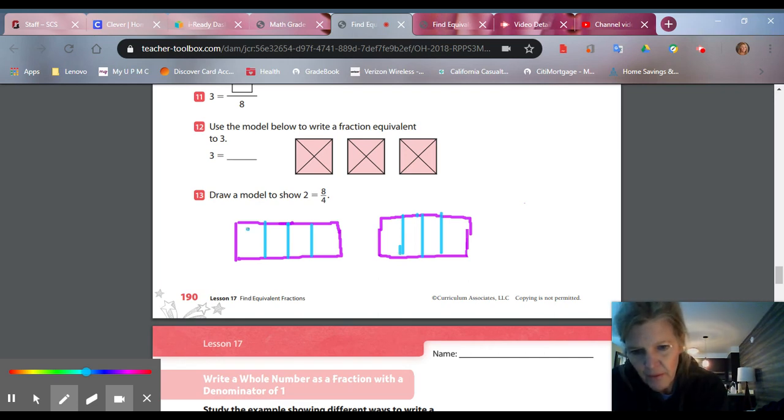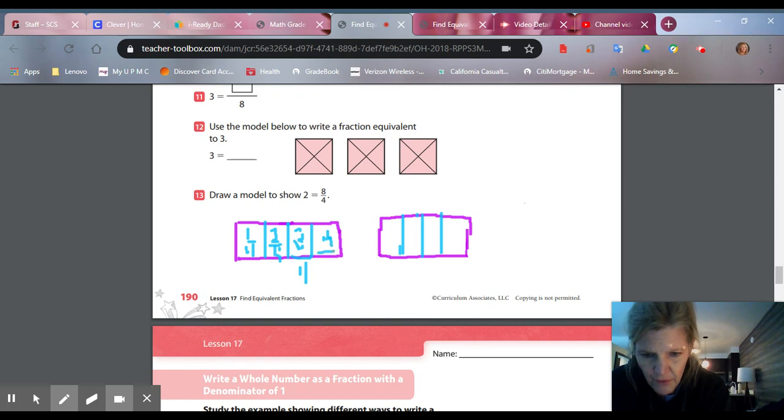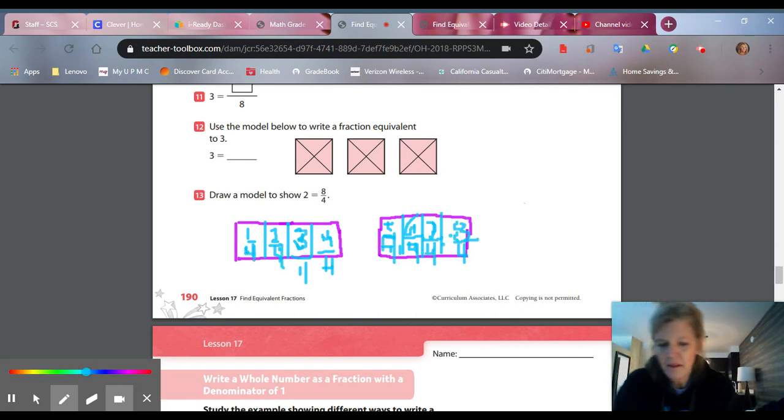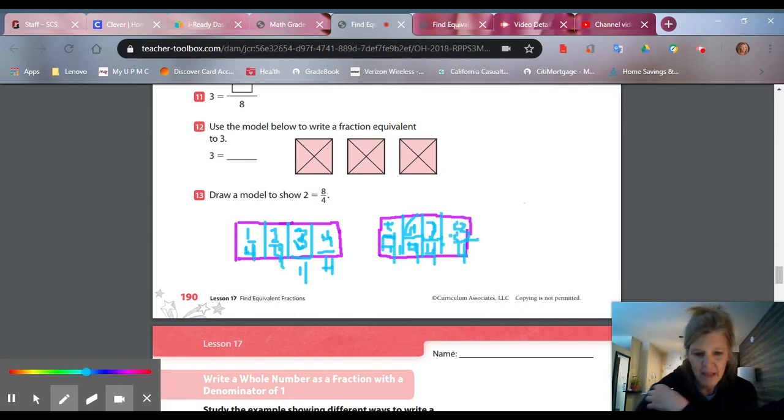So you have 1/4, 2/4, and hopefully you can write your numbers a lot neater than I can with this. 3/4 and 4/4. And then on the other one you have 5/4, 6/4, 7/4, and 8/4. All right, so you're done with page 190.